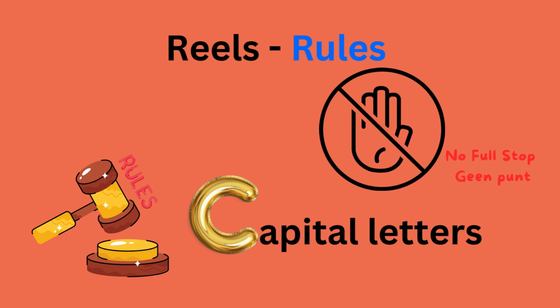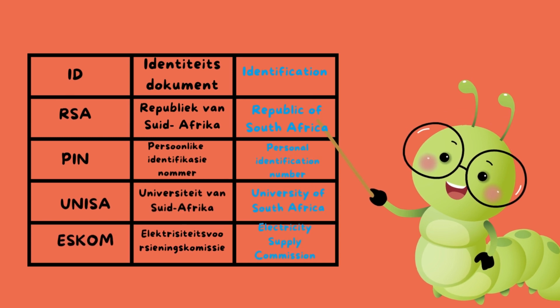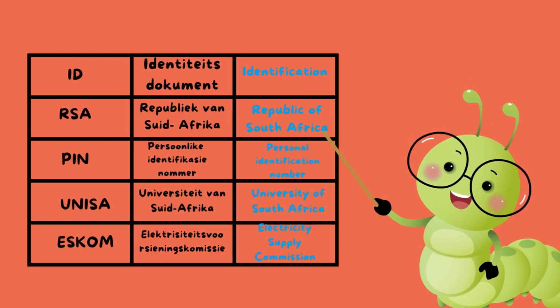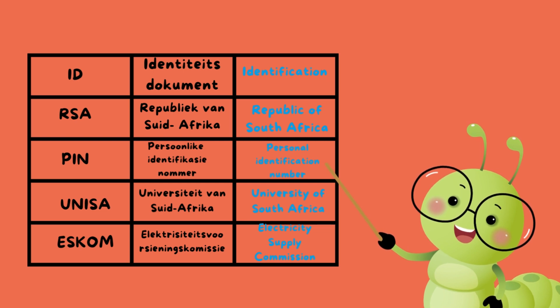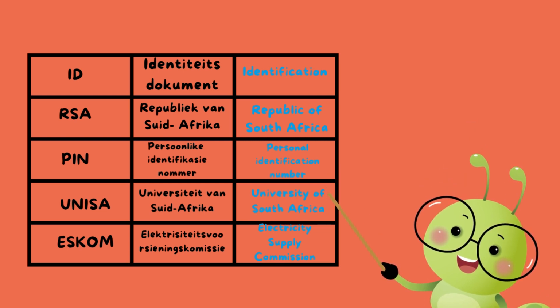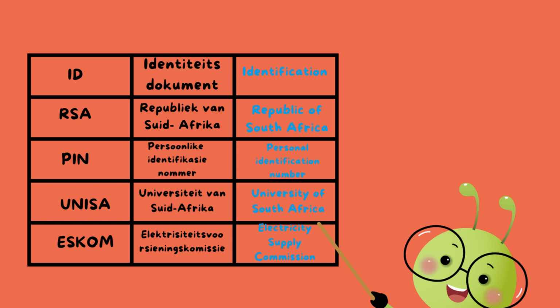Now let's have a look at some examples for acronyms. Akronieme. Okay, the first one, ID. ID stands for identiteitsdocument in Afrikaans. Identiteitsdocument. In English, it's called identification. Next one. RSA stands for Republiek van Suid-Afrika. Republiek van Suid-Afrika.